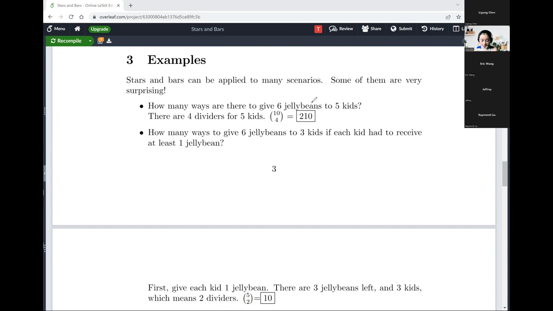I think there was an AMC problem where you have 20 jelly beans and 3 people, let's denote them as A, B, and C. The problem asked how many ways you can give the jelly beans to A, B, and C so that each one has at least 2 jelly beans.